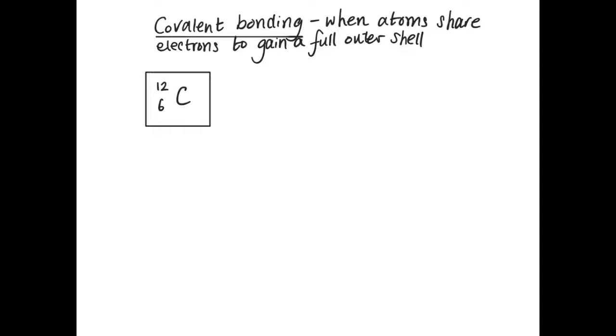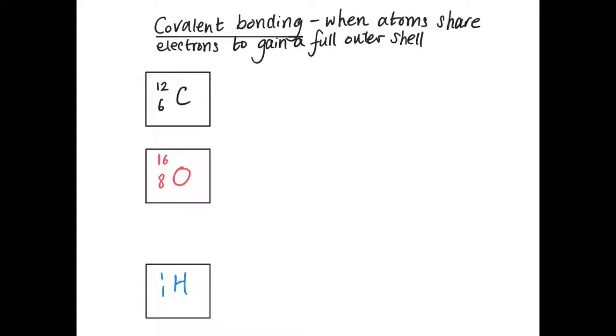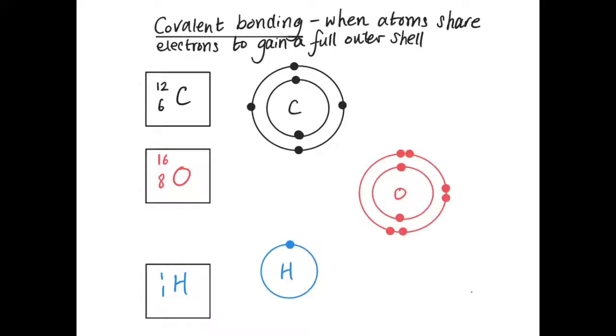So we need to look at the number of electrons everything has. We're going to look at carbon, oxygen, and hydrogen, and look at the electron configuration. Carbon has 6 electrons, so it's 2, 4. Oxygen has 8 electrons, so it's 2, 6. And hydrogen just has 1. Generally, people will only be asked to draw the outer electrons only.